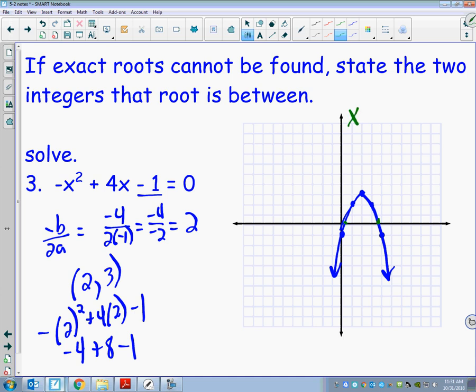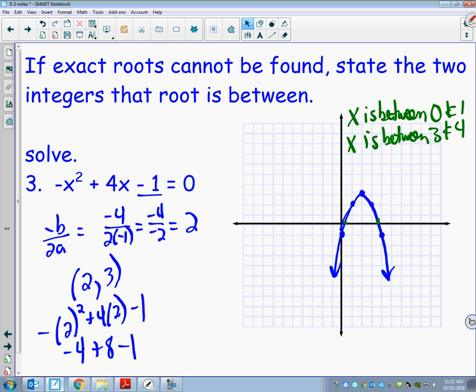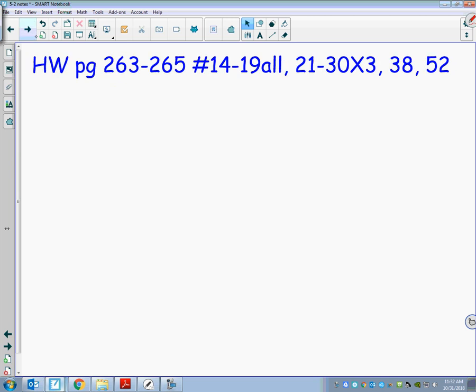So x is between what two whole numbers? Well, one is between 0 and 1. And then the other one is between 3 and 4. Eventually in this chapter, we'll get into finding exact answers. And I think that's all I have.